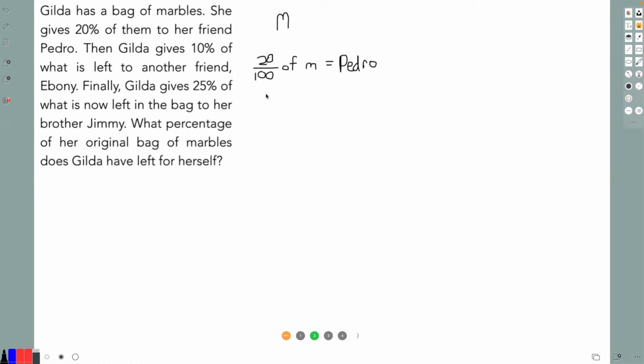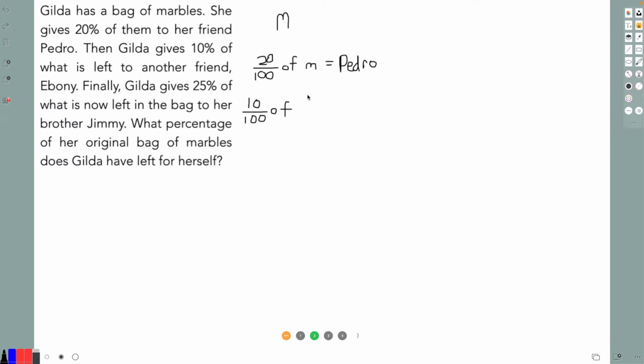And then next she gave 10% of what is left to her friend Ebony, so we can write 10% of what is left after she gave 20% of the marbles she has to Pedro.